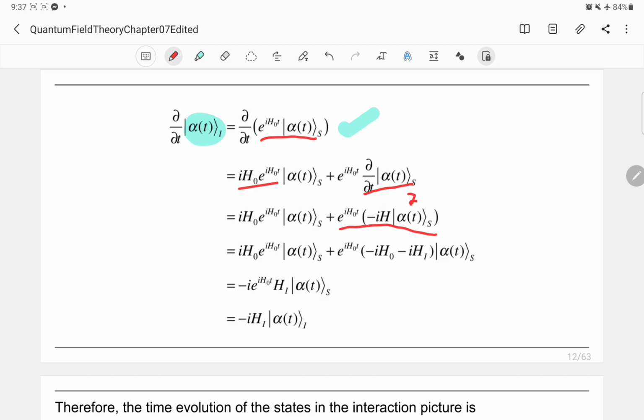So finally, the whole Hamiltonian would just be the sum of H0 and HI, so this one will just cancel with the first term, and it will give you this one. This is now the derivative with respect to time of alpha I. Of course, alpha is dependent on time.